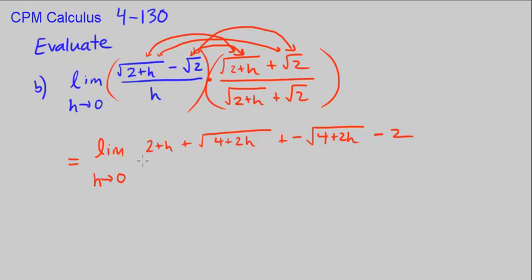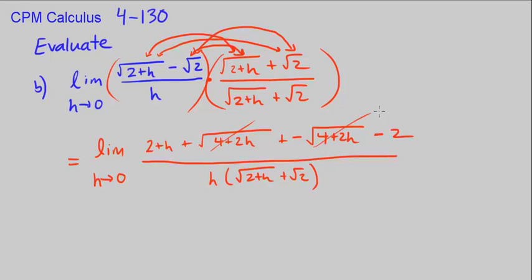That cancels out. In the denominator, we just have h times square root of 2 plus h plus square root of 2. I'm going to leave it like that because these are going to cancel here, and I'm going to simplify it now. Limit as h goes to 0 of 2 minus 2 cancel out as well.